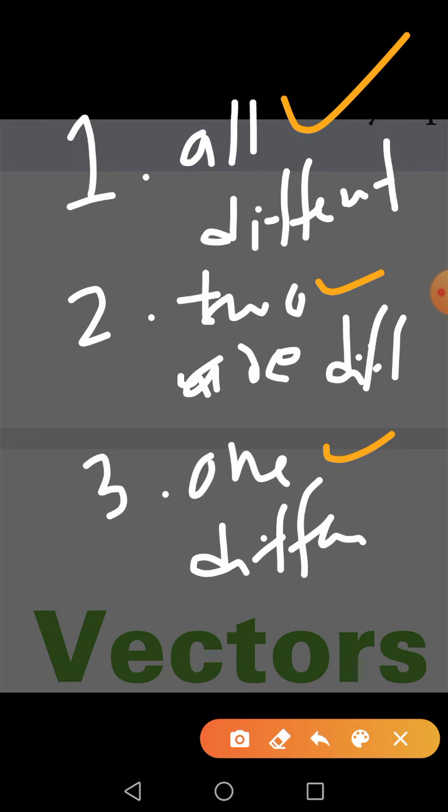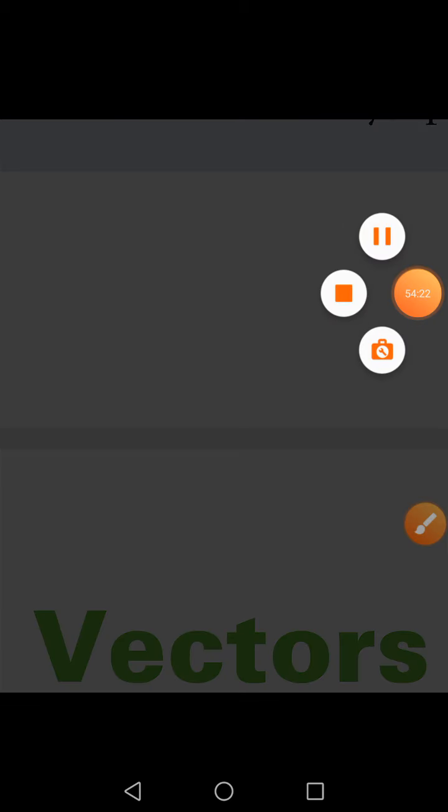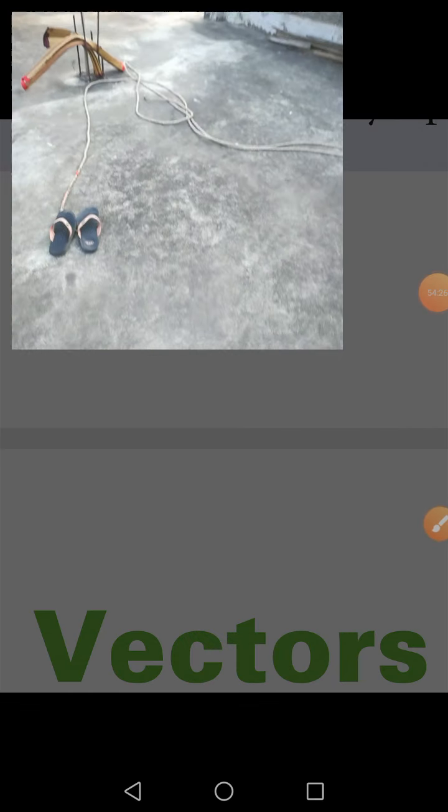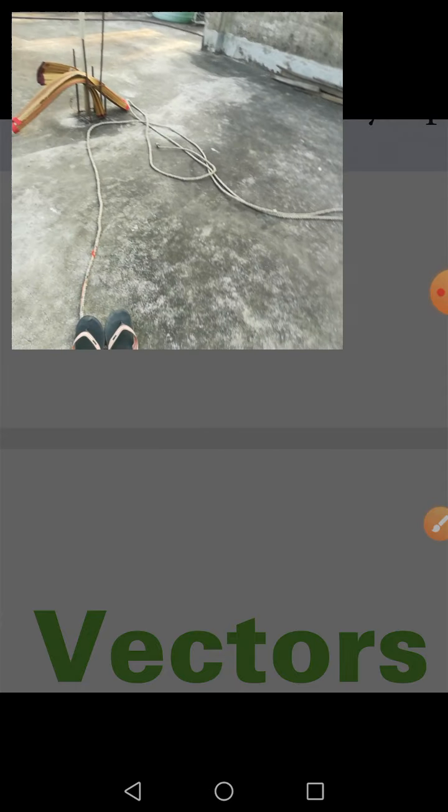Now let us have a look at an analytical example. Please forgive me for this bad illustration, I am doing a homemade illustration and I am also wearing a typical Bengali dress, so please don't mind.